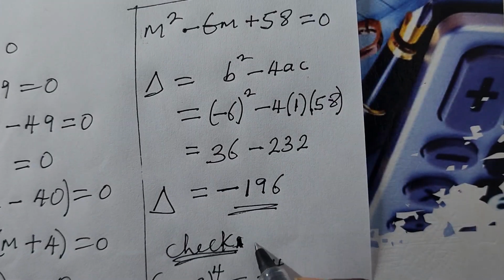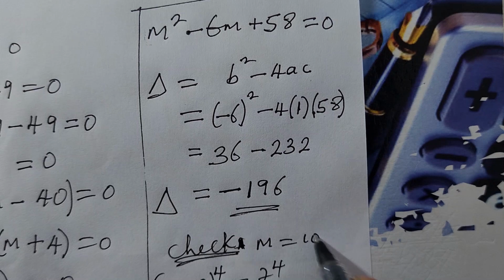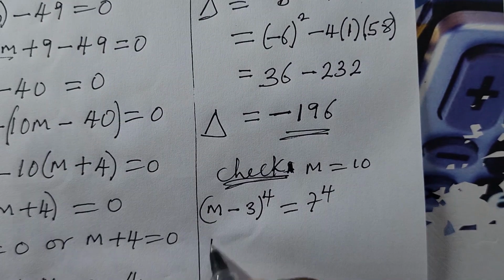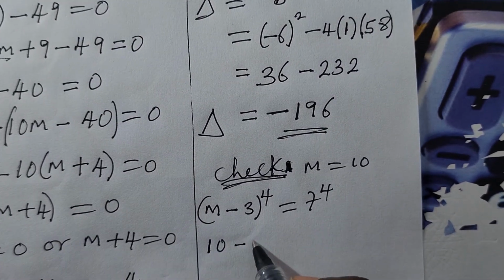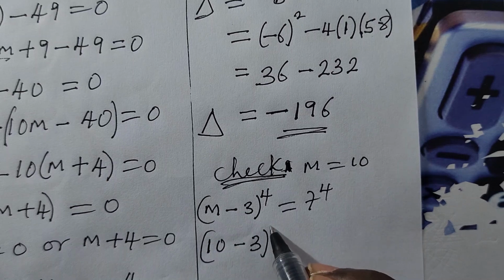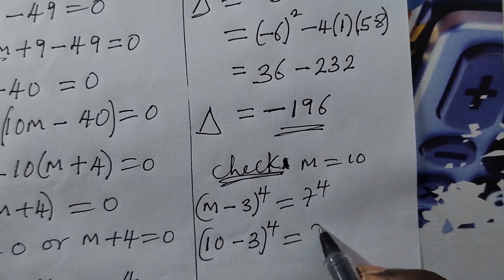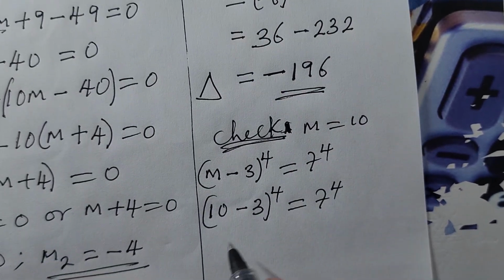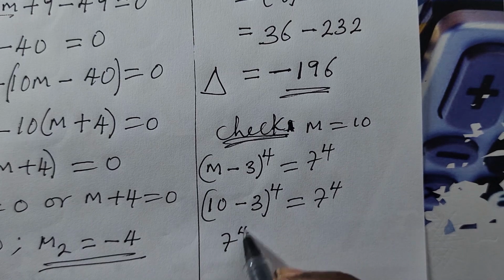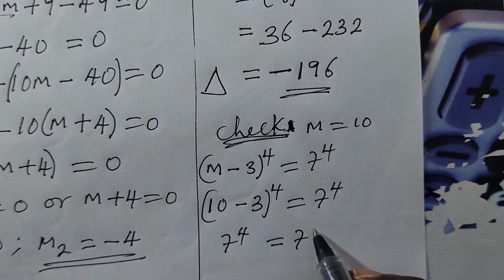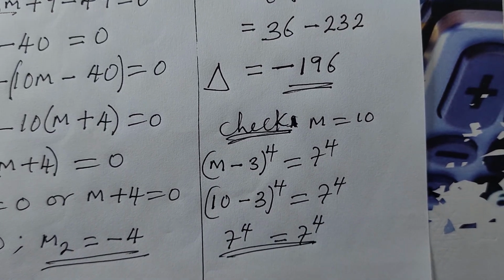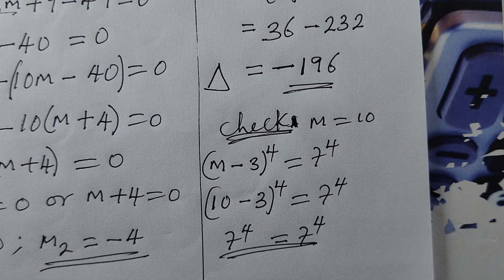So when m is equal to 10, we have 10 minus 3 all to the power of 4 equals 7 to the power of 4. This gives us 7 to the power of 4 is equal to 7 to the power of 4. So this shows that the first root, m1 equal to 10, satisfies the original equation.